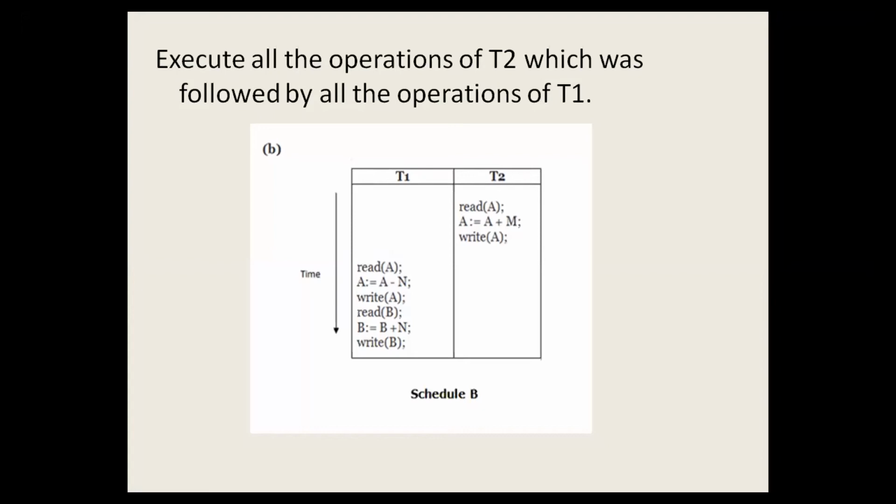So you can see it can happen in both ways: either T1 completes first or T2 completes first. But no 2 transactions are operating in parallel. So this is called a serial schedule.